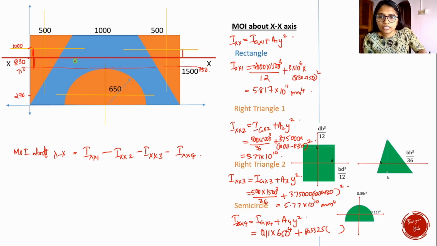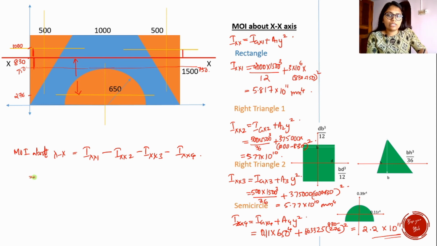Actually it is the distance between the red line and this yellow line belonging to the semicircle. And here it says 830 minus 276, got it? 830 minus 276 whole square. So value is about 2.2 into 10 raised to 11 millimeter raised to 4.